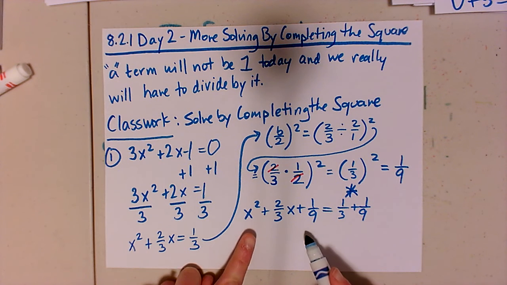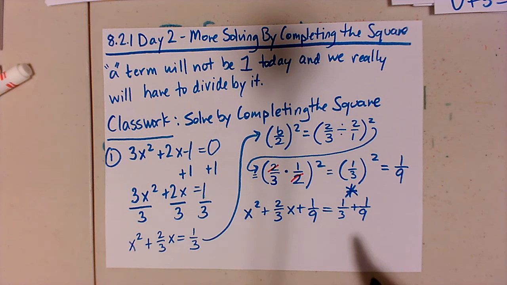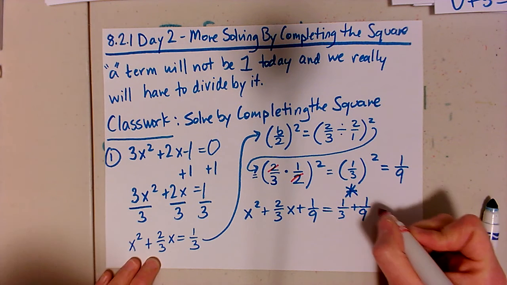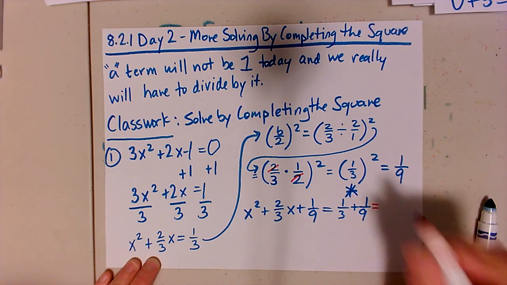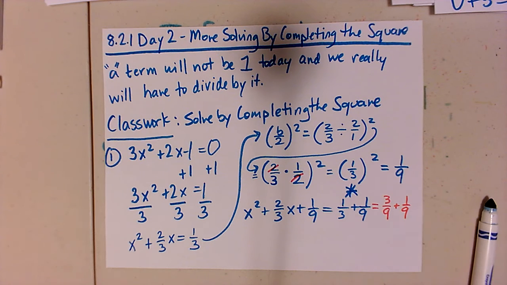At this point, let's simplify the 1/3 plus 1/9, so we can put that all over a common denominator. The common denominator between 3 and 9 is 9, so 1/3 is the same thing as 3 over 9, and then you still have 1 over 9.